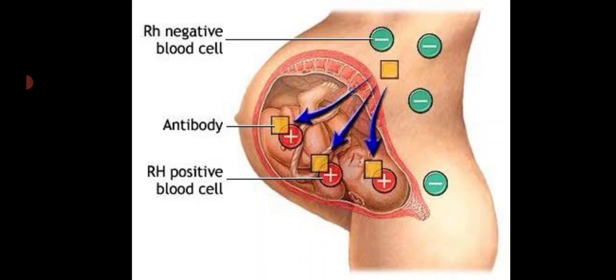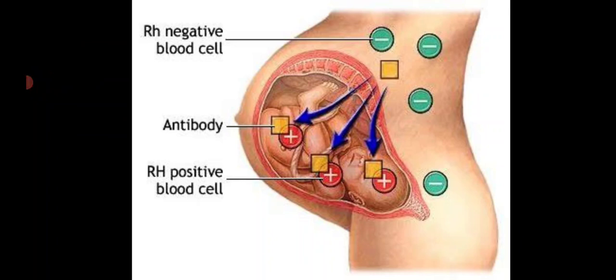At that time, the mother's immune system recognizes the Rh antigens and gets sensitized. So till 9 months there is no issue if the fetus is Rh positive and the mother is Rh negative. So no issues till the 9th month.